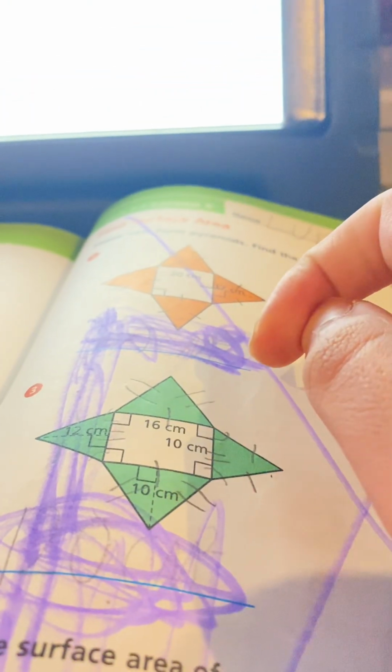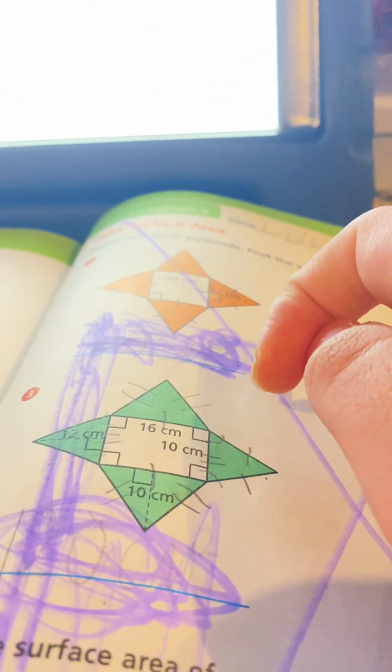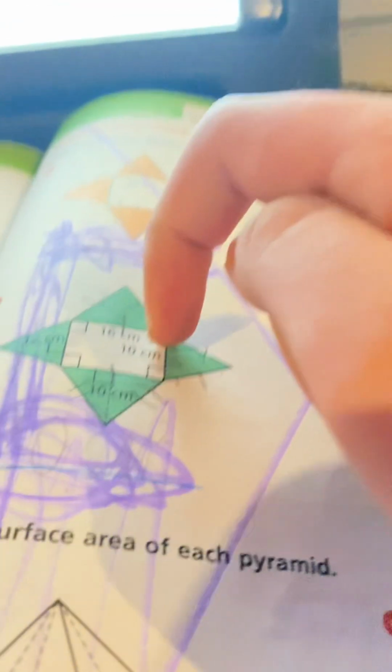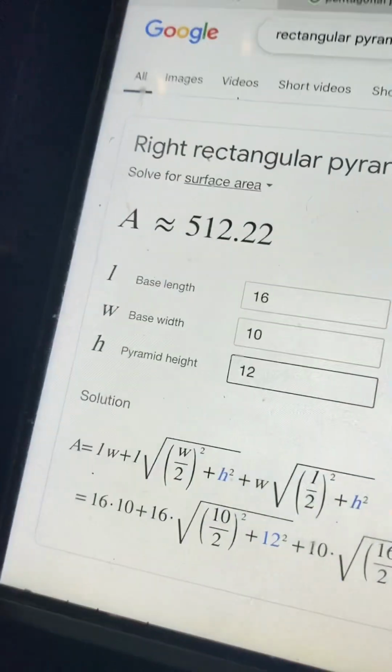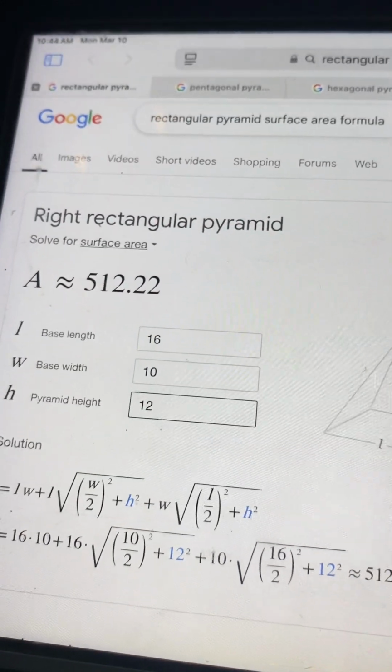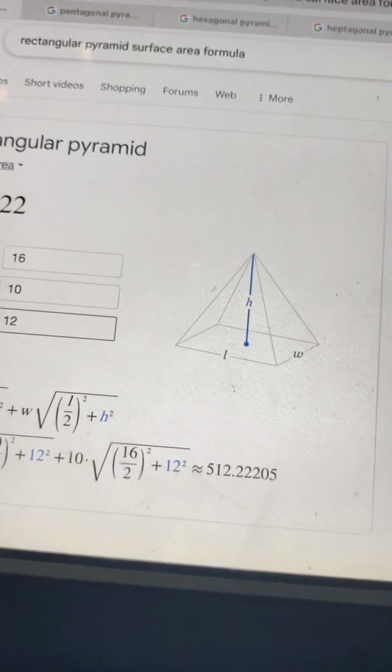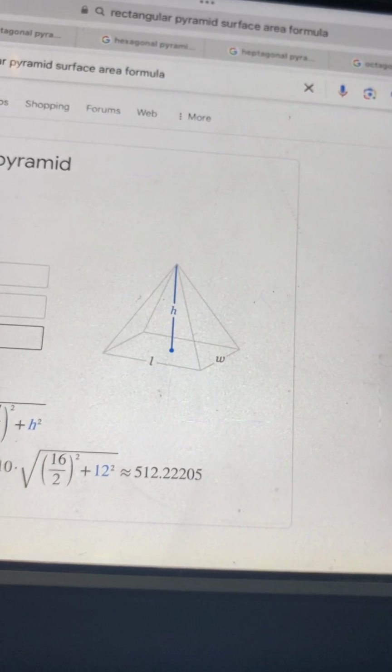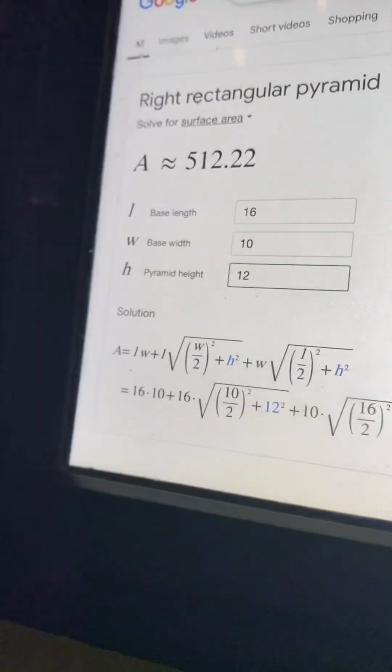Then we need to add 160 because that's the area of a rectangle. 280 plus 160 is 440. So, yep. 512.22 is only the surface area of the rectangular pyramid when it is folded up into a 3D shape.